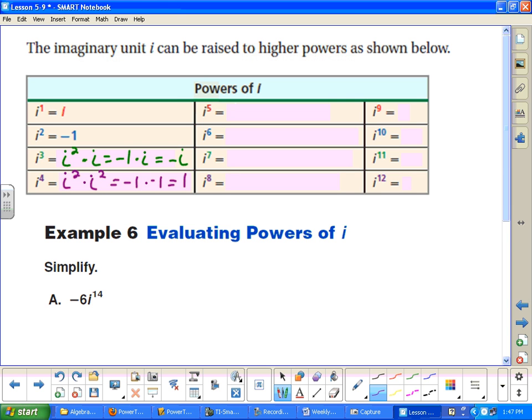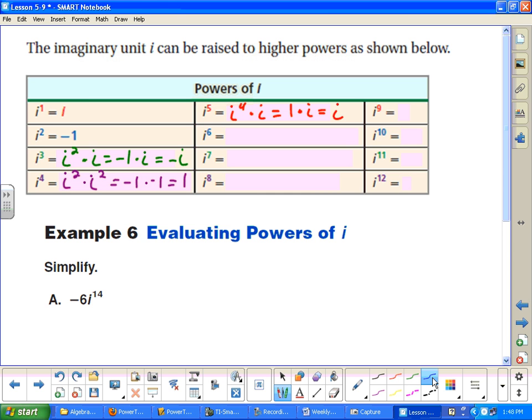All right. i to the 5th is i to the 4th times i. What's i to the 4th? 1. So 1 times i equals i.